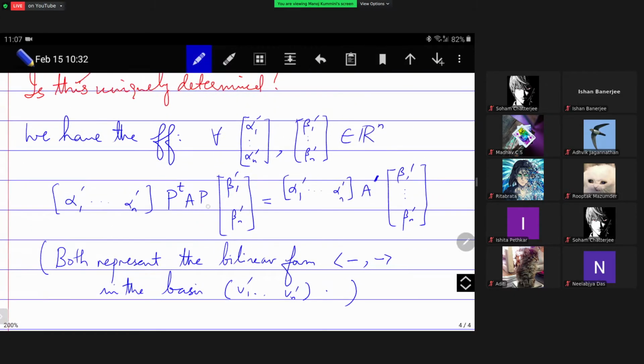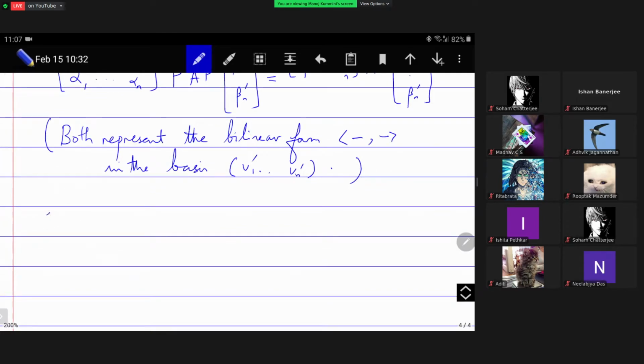This thing holds for all vectors. So now just apply it with the vector of 0s and a 1 at the ith position, and on the other side the vector of 0s and a 1 at the jth position.